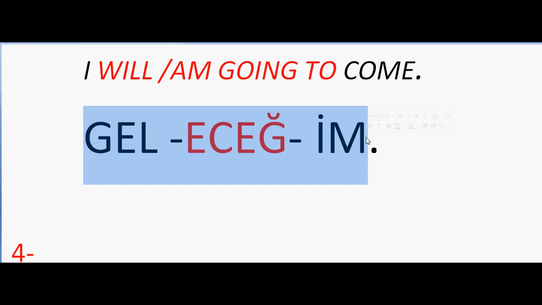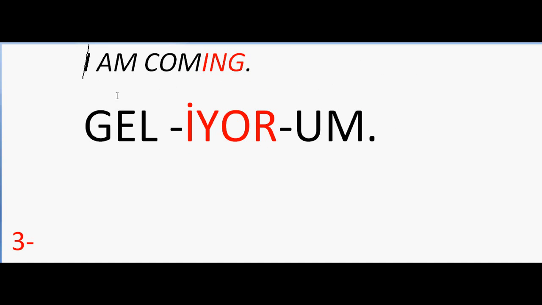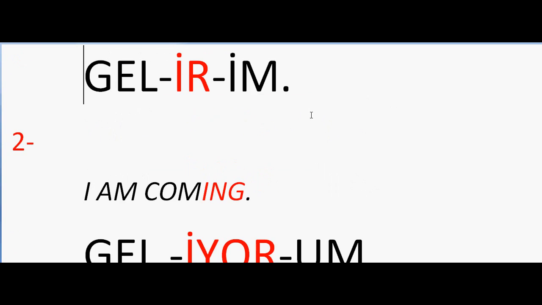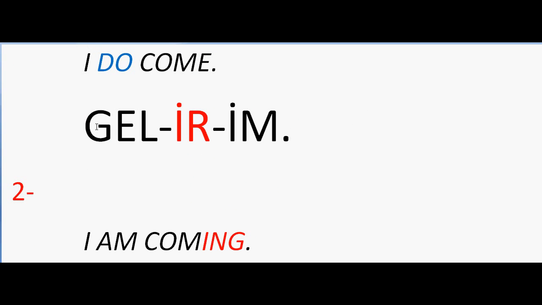Here, present continuous tense, geliyorum. And present simple tense, gelirim. Don't forget, the words in red show the suffix of the tenses in Turkish.